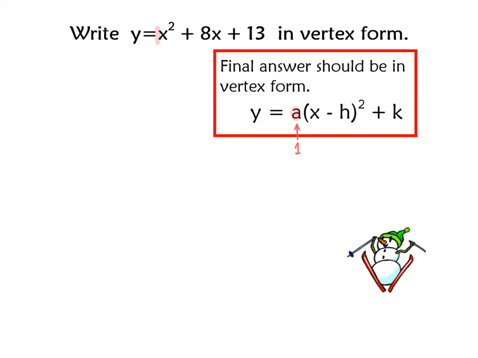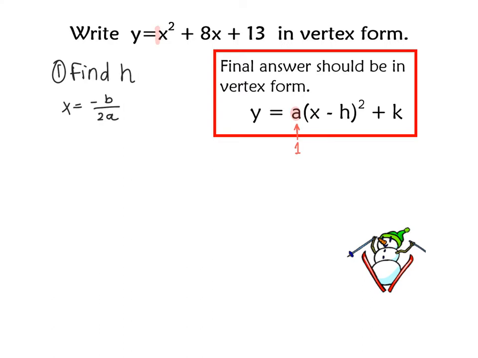The next thing we're going to do is we need to find our x value, which is going to help us find our vertex. So the first thing we do is we try to find h. And you do that by using that negative b over 2a.